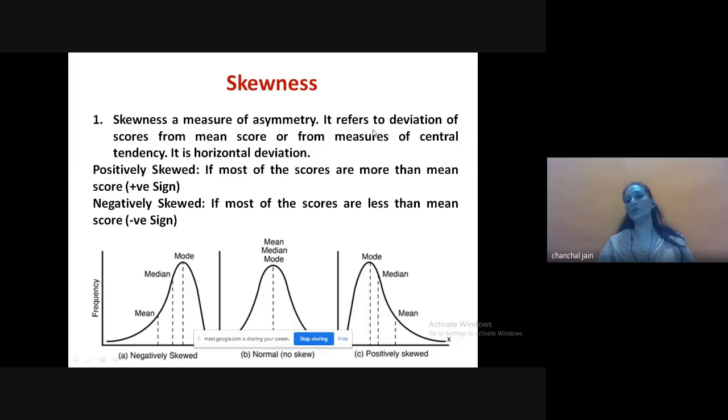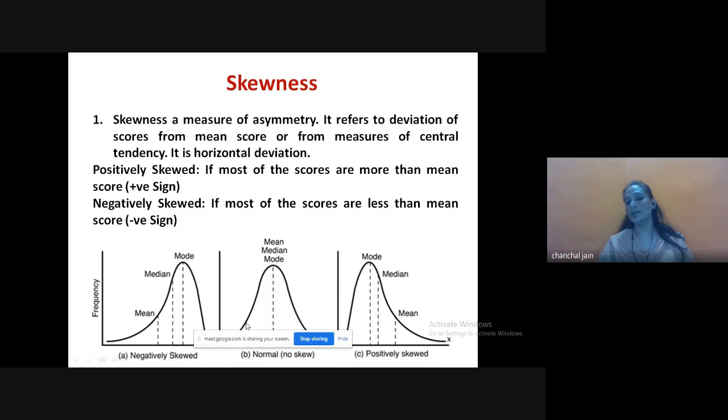It refers to the deviation of scores from the mean score or from measures of central tendency. It is generally a horizontal deviation. There are three graphs I have shown you in the slide. The middle one is the normally distributed graph. There is no skewness. There is symmetry in the graph. Skewness is zero in case of a normal distribution curve.